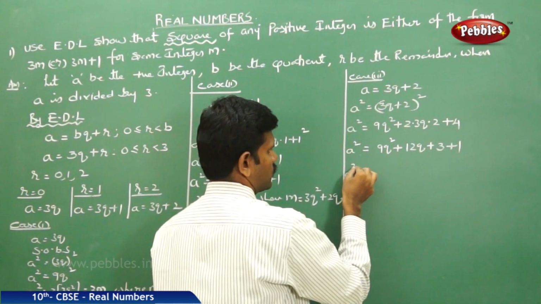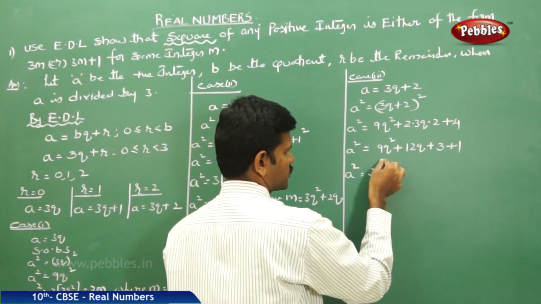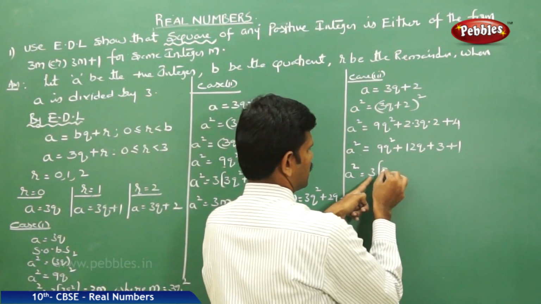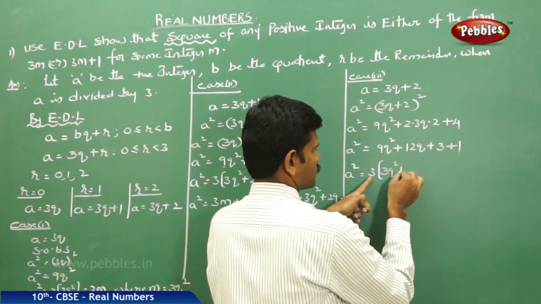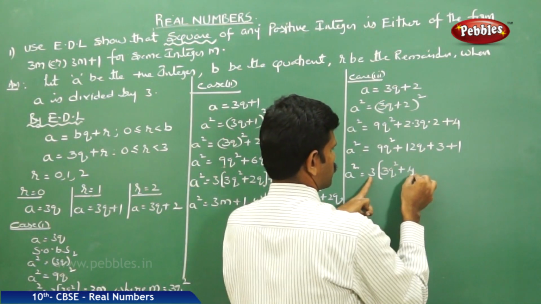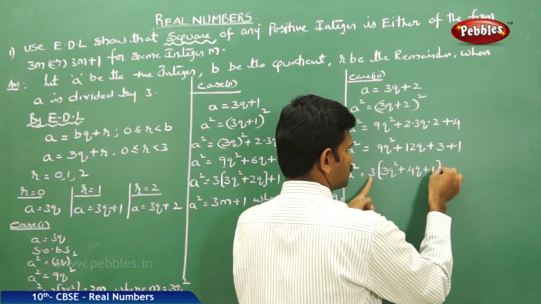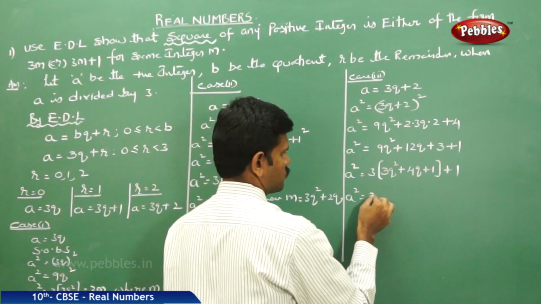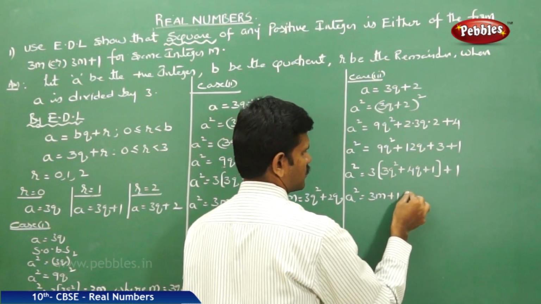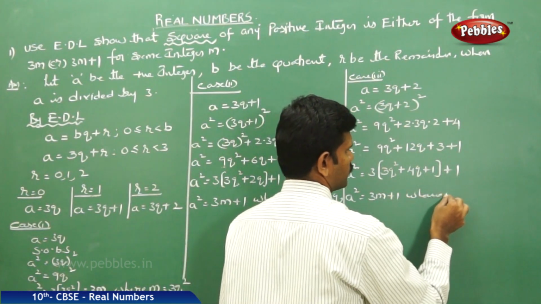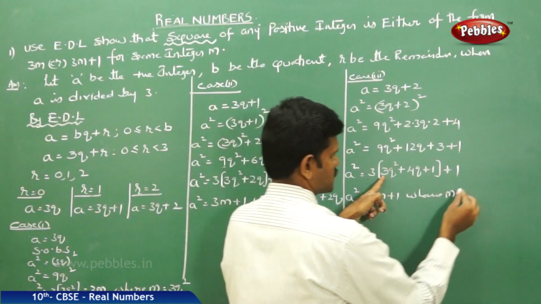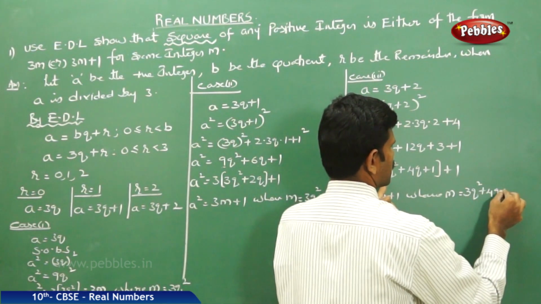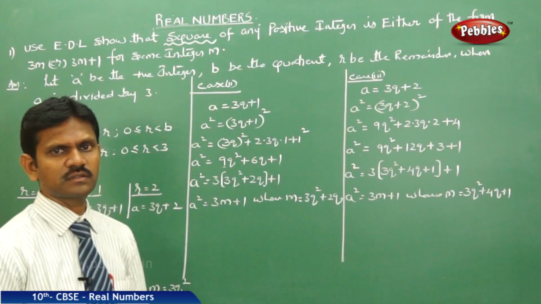Now taking 3 common, 3q square plus 4q plus 1, plus 1. Therefore, a square is equal to 3m plus 1, where m is equal to 3q square plus 4q plus 1, where m is some integer.